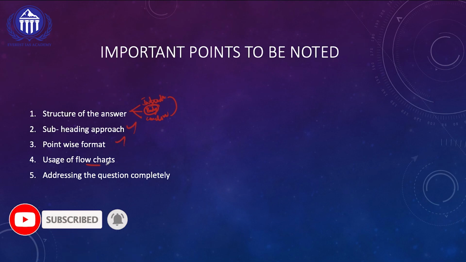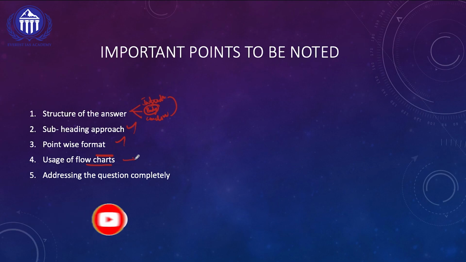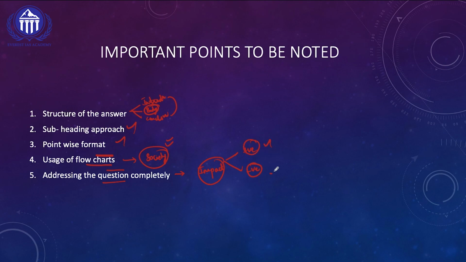And usage of flowcharts or schematic diagrams for society-based questions will bring some improved presentation and scope for awarding more marks also. And addressing the question completely is very, very important, because whenever the examiner is using keywords like impact, we should bring in the broader dimensions of both the positive and negative impact so that we can contribute maximum points to fetch maximum marks in the exam.